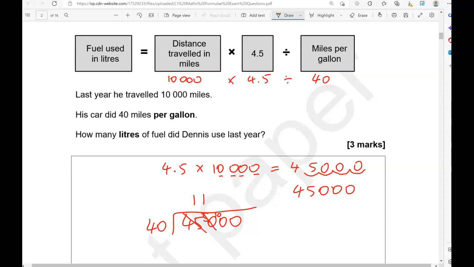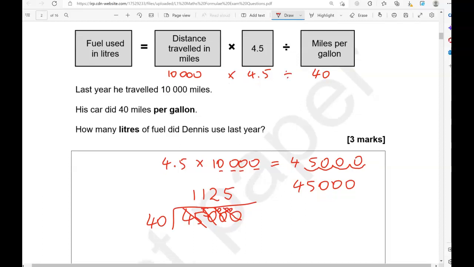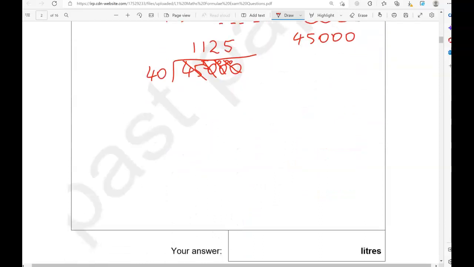How many 40s now into 100? That is 2, and we have 20 remaining because 100 take away 80 gives us 20. How many 40s into 200? That is 5 because 5 lots of 40 gives us 200. So the answer is 1,125.